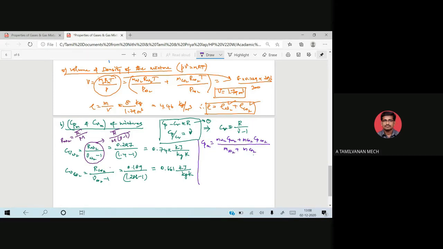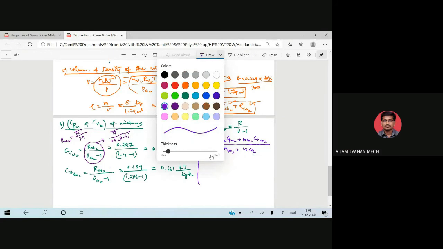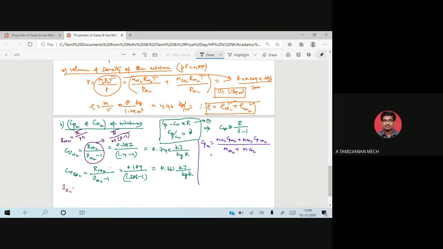Wait, just a minute. I forgot to find the specific heat of N2 and CO2. So next I am going to find the specific heat. How can I find it? Gamma of N2 is equal to Cp of N2 divided by Cv of N2.